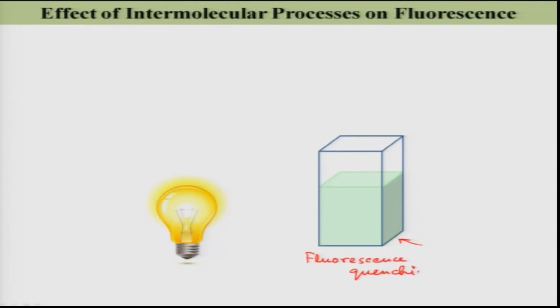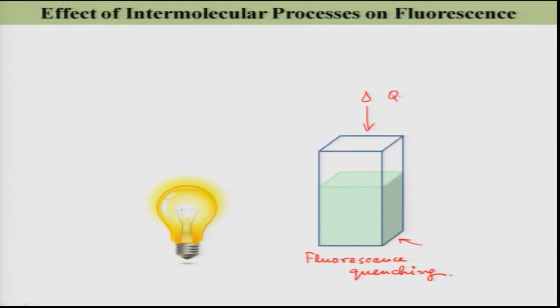In this case, what we are going to see is, if I plot the fluorescence intensity as a function of the concentration of that other species, whatever I was adding here, generally known as the quencher molecule.